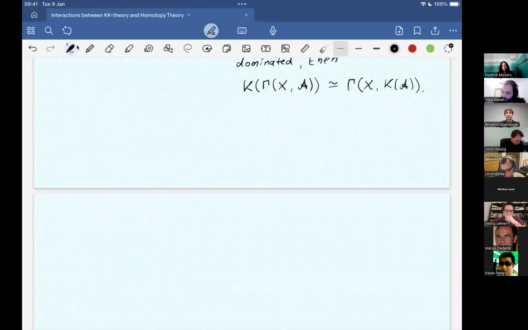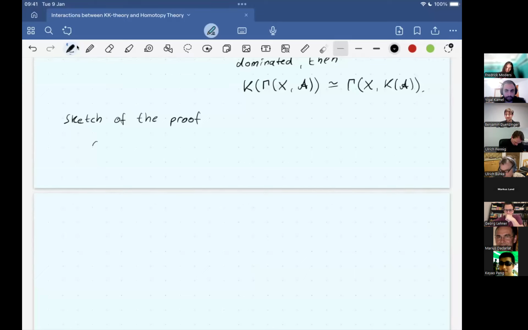I wanted to say maybe a few words about the proof of this, by just telling you what the map is that you get from left to right.